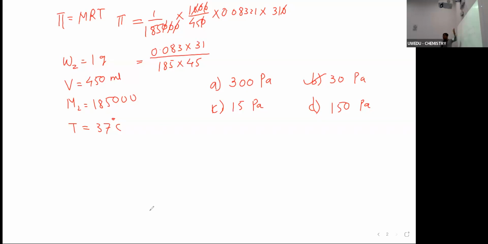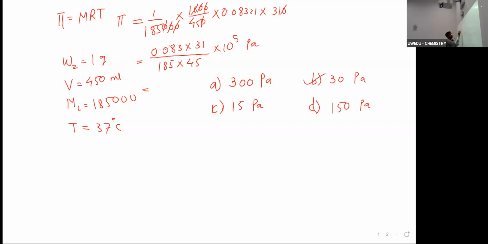And how to convert that to Pascal? Multiply by 10 raised to 5. So I'm writing 10 raised to 5 here, and then the answer will be in Pascal. Right? Can we do this? Because we have options, we are just making some changes.